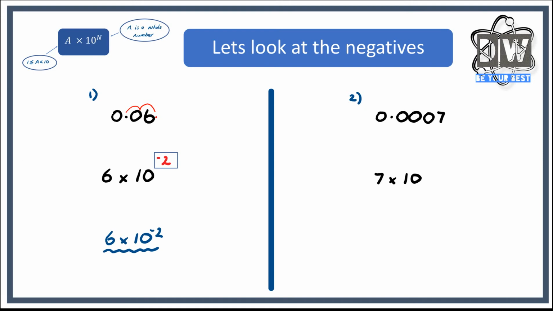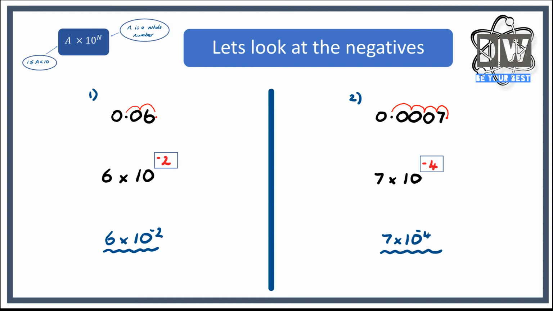Remembering, how do we get from 7 to here? If we put a decimal place here, we're going to go 1, 2, 3, 4. That's 4 shifts to the left. So my answer will be to the power of -4. So I can write that in as my answer now.